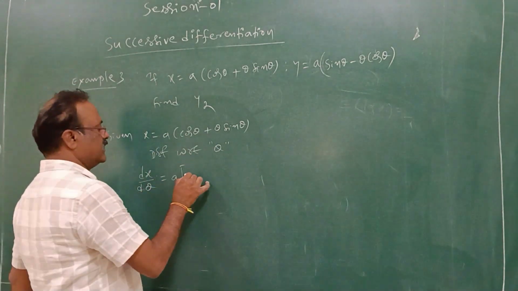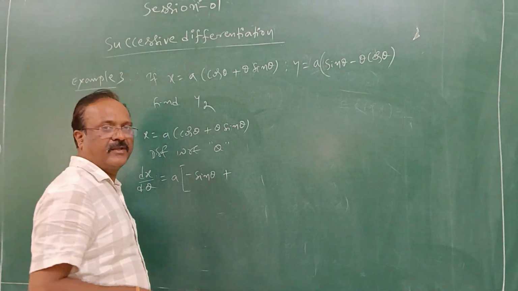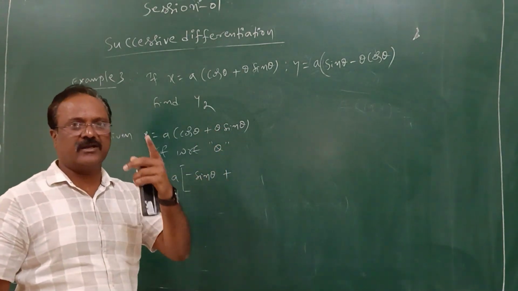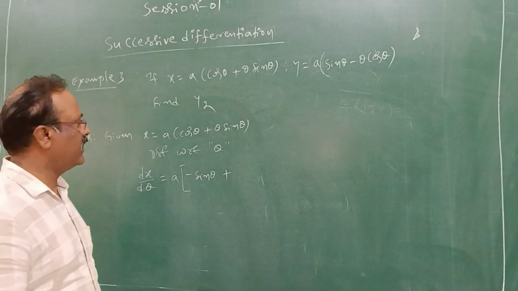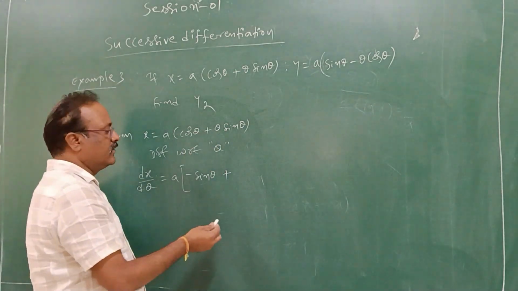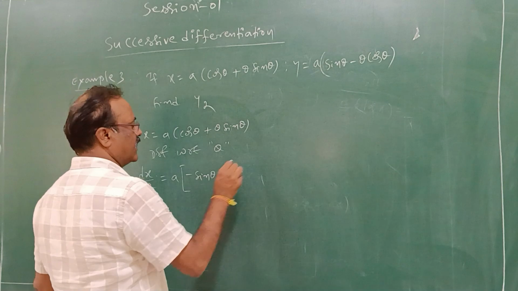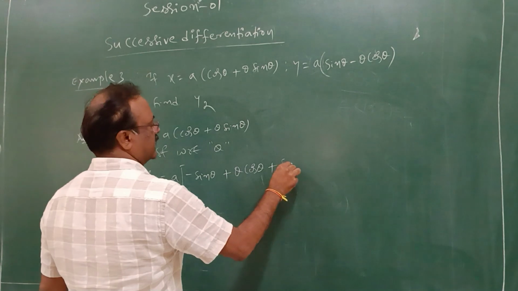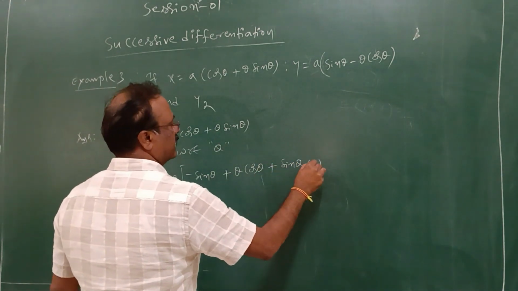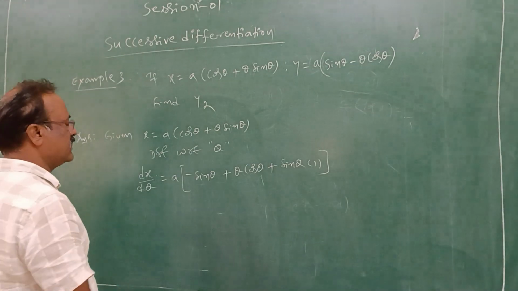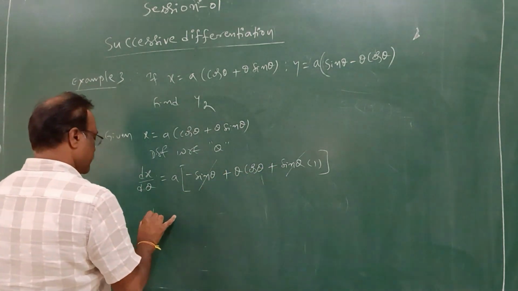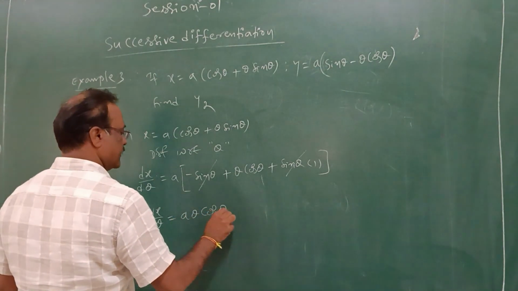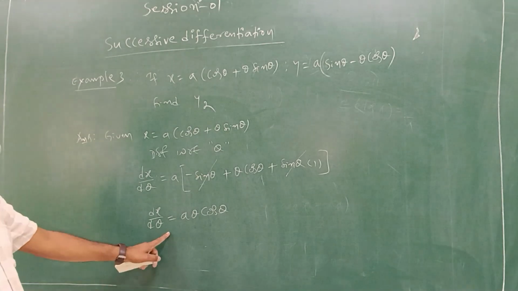Cos theta differentiation is minus sin theta, plus, again, theta sin theta is a product rule. These are all the rules you studied in the earlier classes. The product rule says: theta as it is, first function, derivative of sine is cos, plus sine as it is, second function, derivative of theta with respect to theta is 1. Let us simplify; this gets cancelled. So you get dx by d theta, that is a theta cos theta.